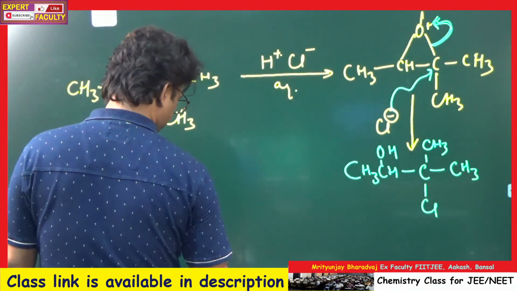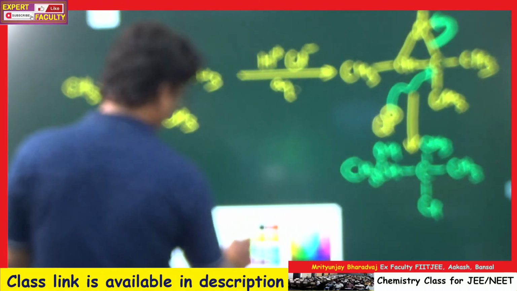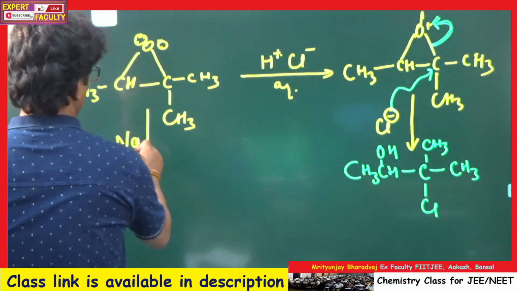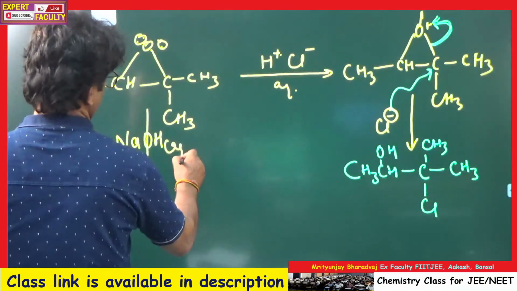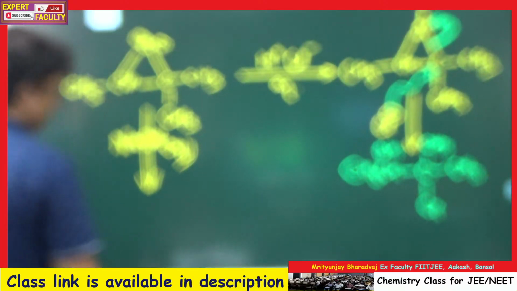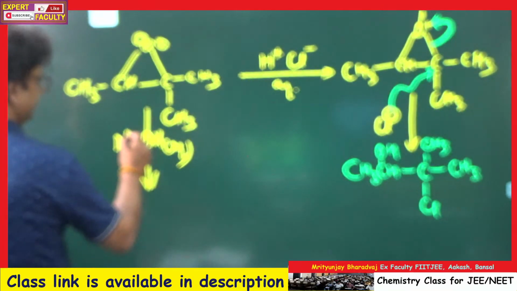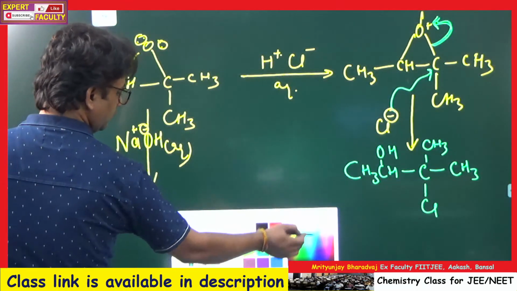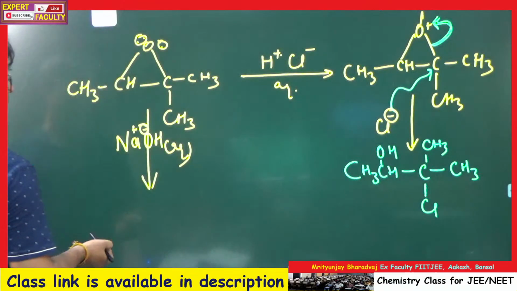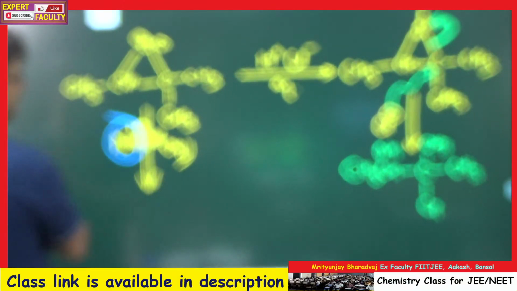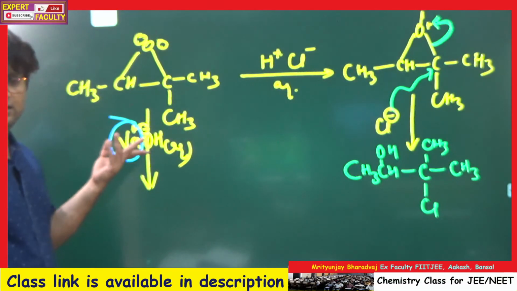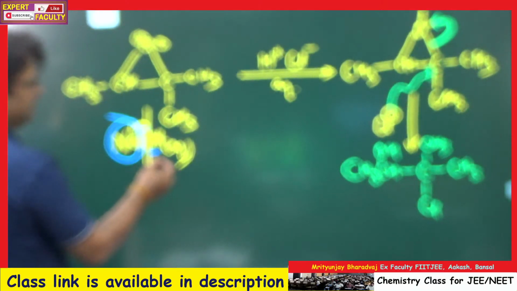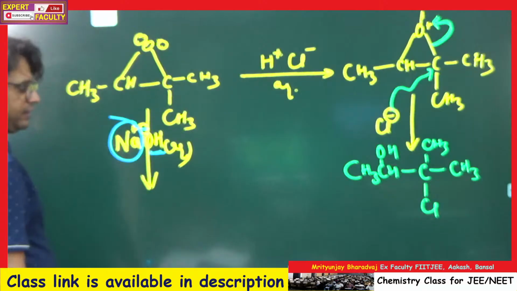Okay. Now I am taking the same reaction with the base catalyst. Suppose I have this reaction with NaOH aqueous. What do you think? This is Na plus and OH minus. Na plus is a spectator ion. It will not have any role in the reaction. Then the OH minus is left. And since the medium is basic, oxygen will not be protonated.